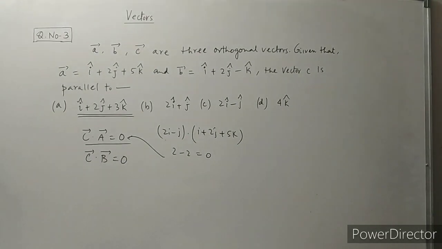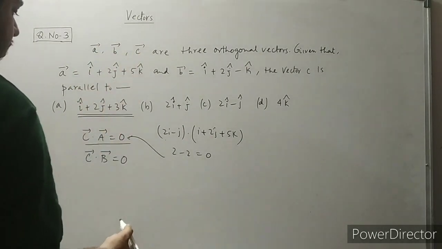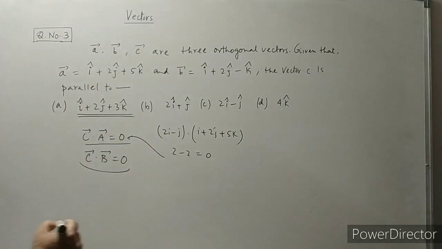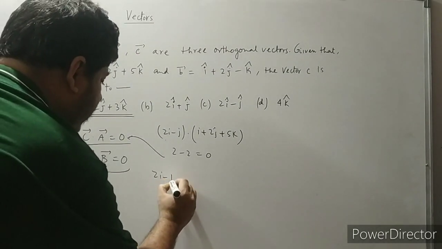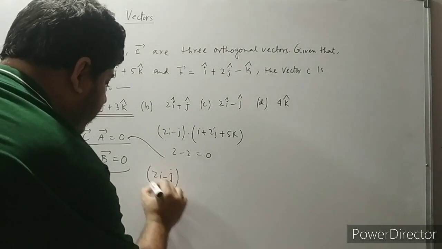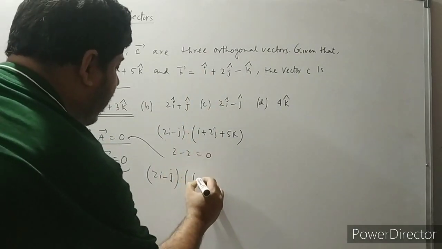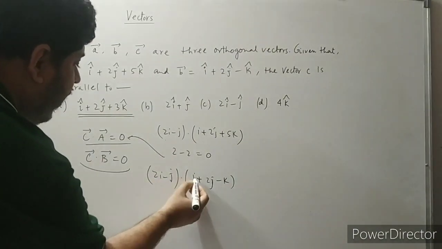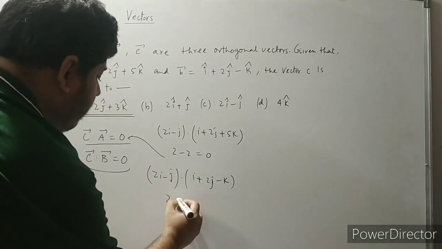Again, to make the C vector orthogonal to both A and B, not only this condition but that condition also has to be satisfied. So what was C? C is 2i minus j, and what was B? B was i plus 2j minus k. So 2i means it will be 2 minus 2.